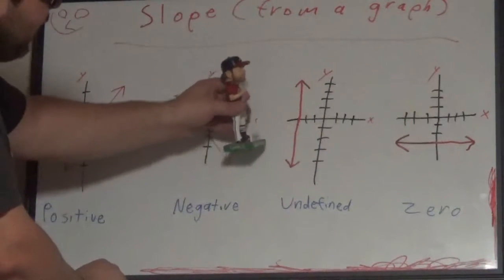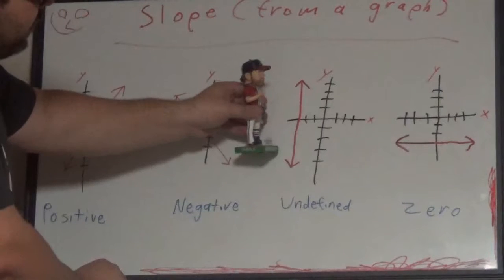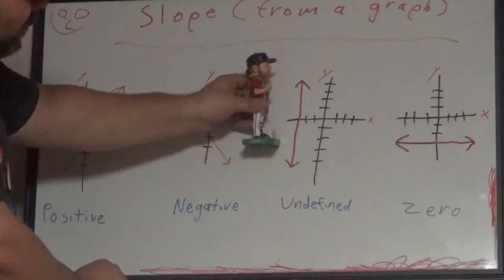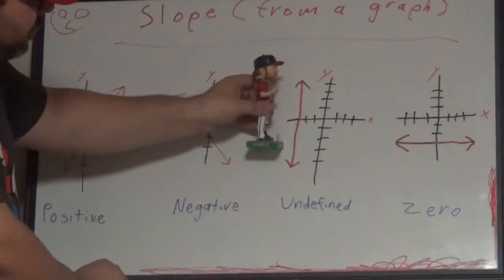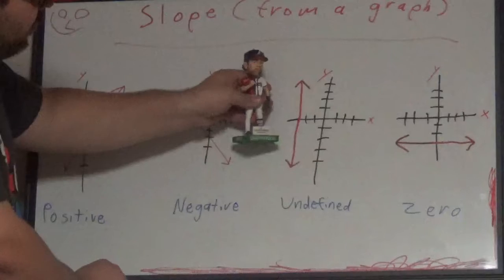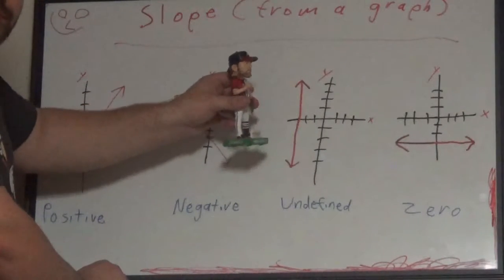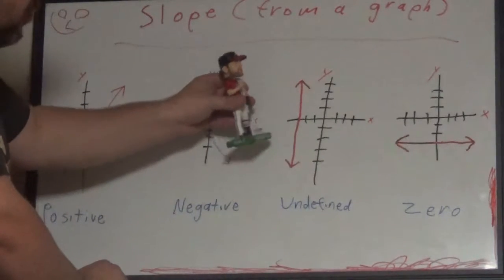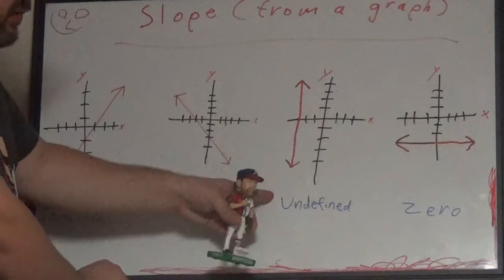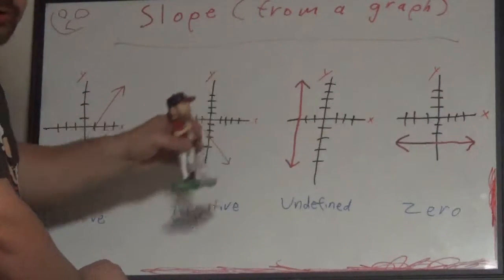Now, the next line, he gets to a wall. He gets to something he can't pass. Well, if he can't pass it, what's the slope? The slope now is undefined. That's what it's called.